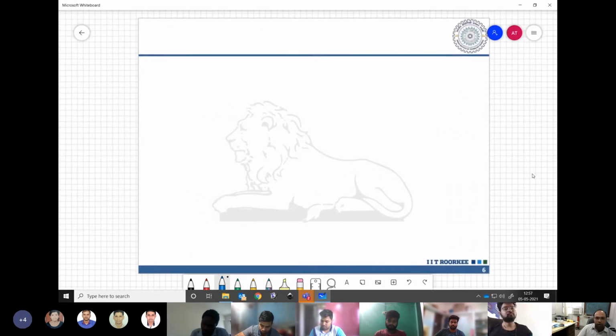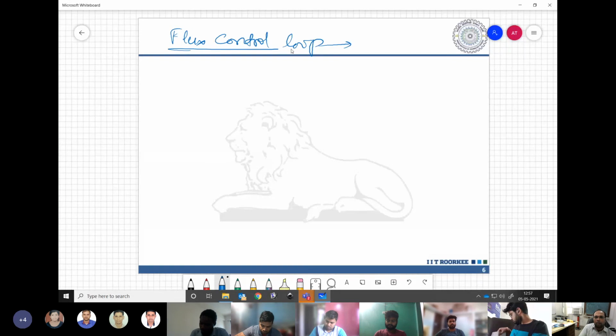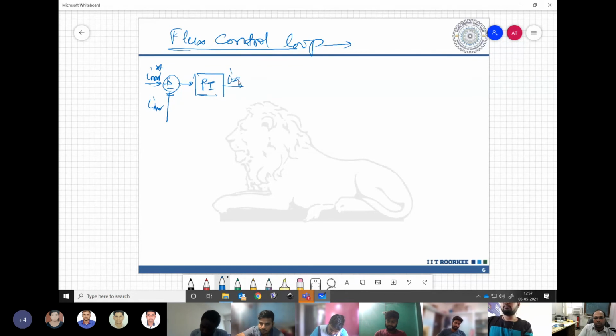So what we have in the IMR control loop, this I call as flux control loop. We have IMR reference, IMR feedback, we have the PI controller generating the ISD reference. Then we have current control loop. Now this contains everything, whatever we have done in the previous slide.